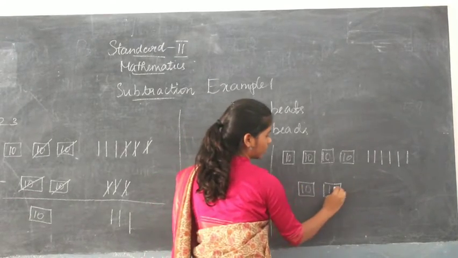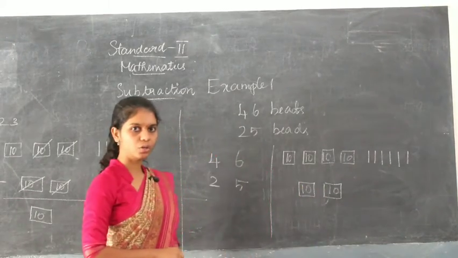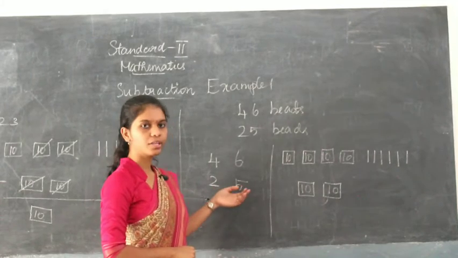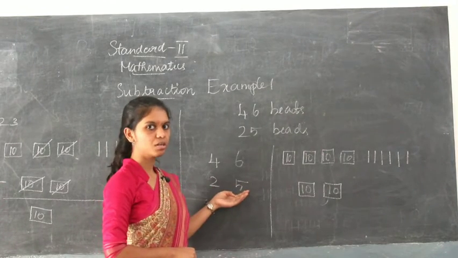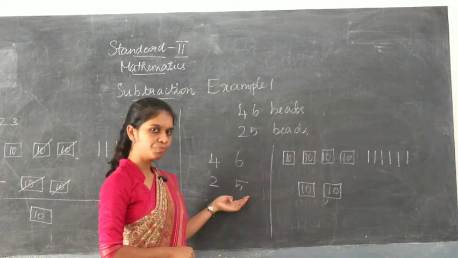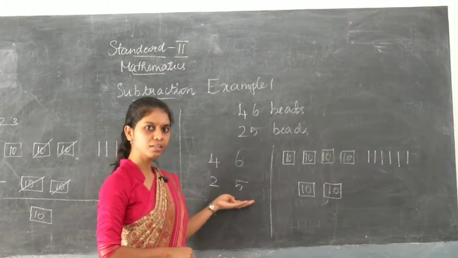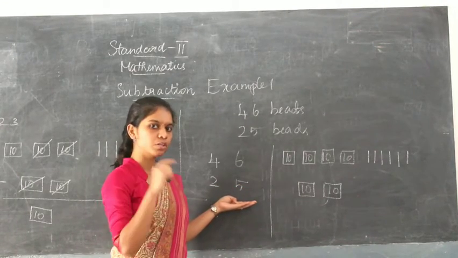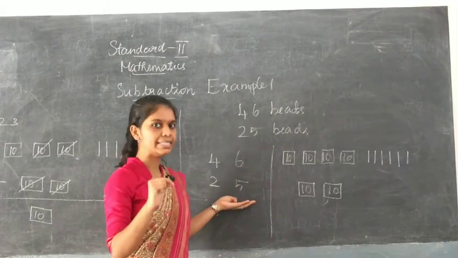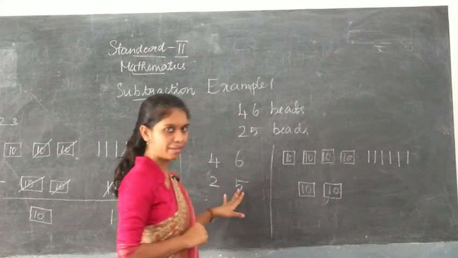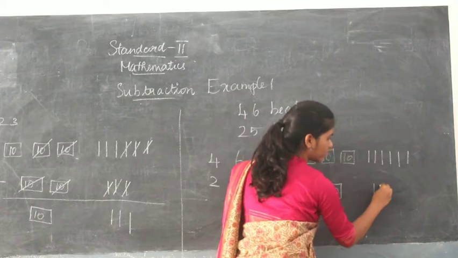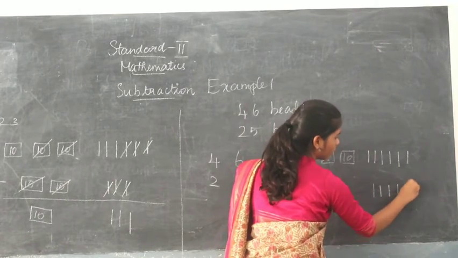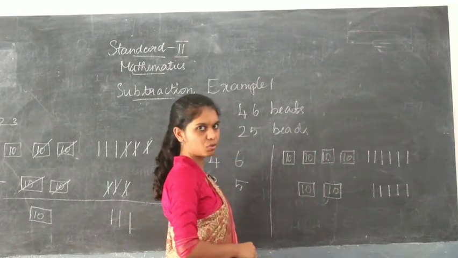Then you will go to the number in the units place, which is 5. The 5 is in the units place, so you should write 5 ones. So here you have 5 and here you will write 1, 2, 3, 4, 5. So 5 ones you got.